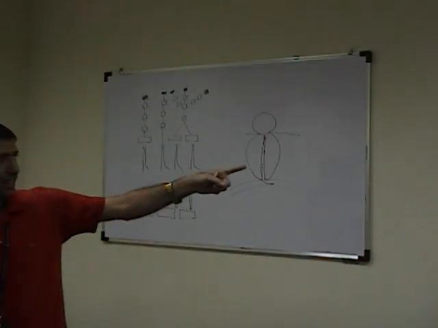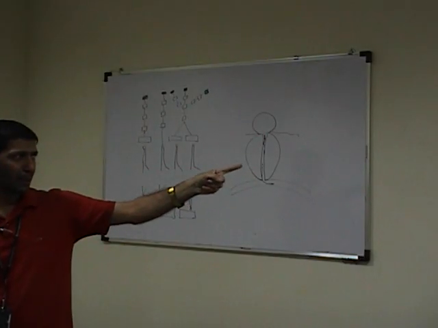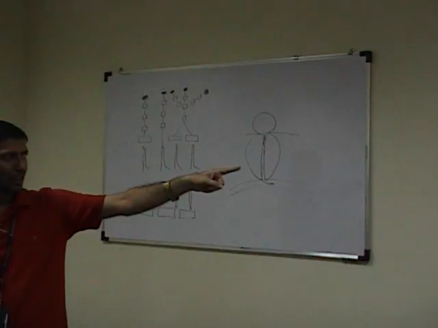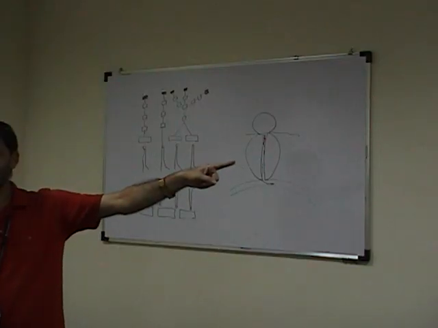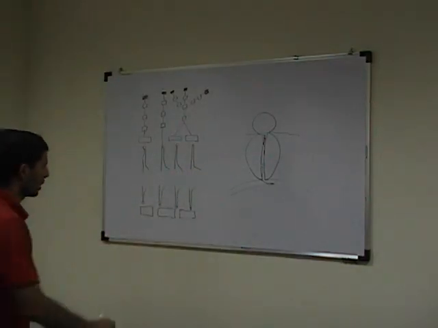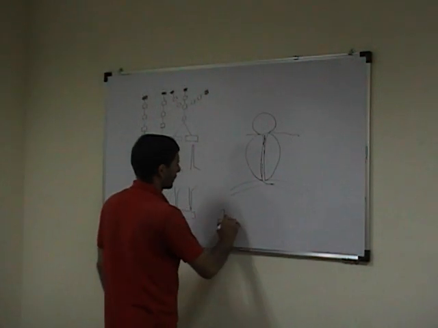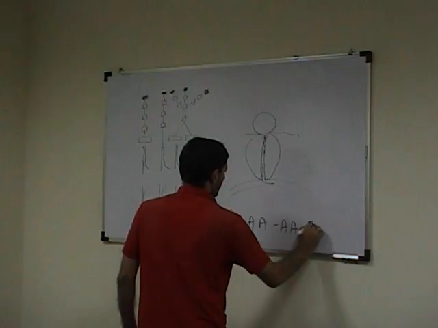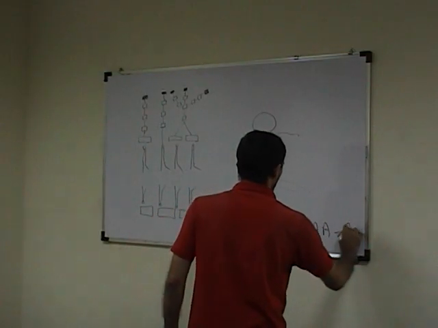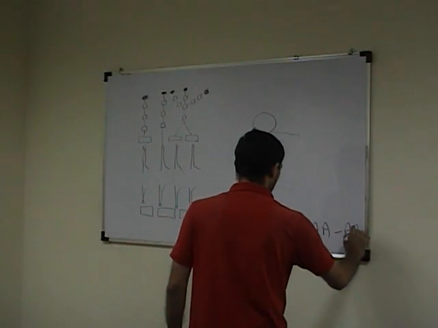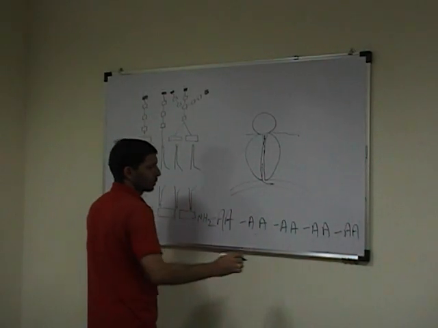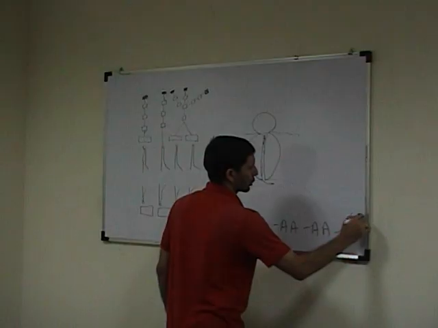A non-enzymatic reaction occurs between glucose and the primary amino group in hemoglobin, either the amino terminal valine or the epsilon amino groups of lysine. As you know, in a polypeptide chain, here it is NH2 and here it is COOH.